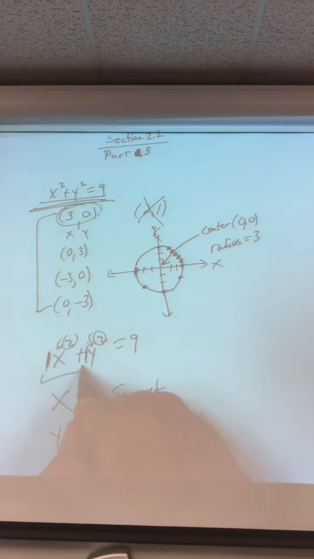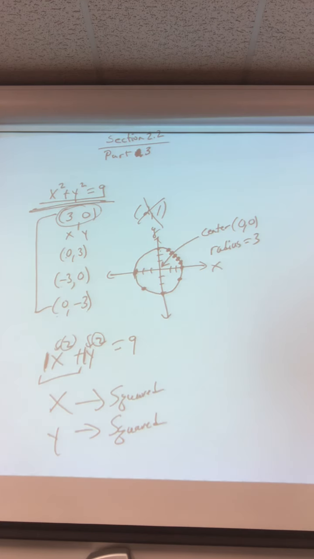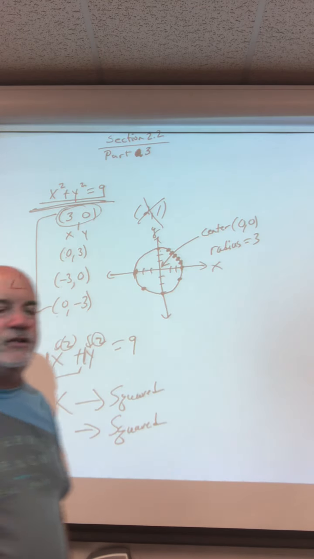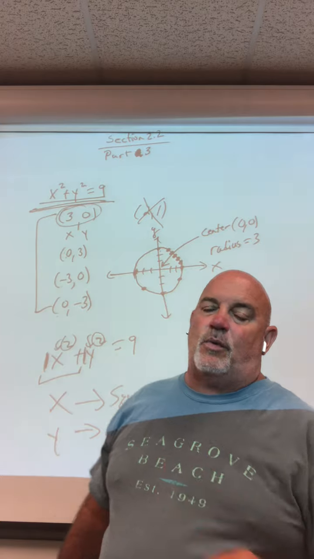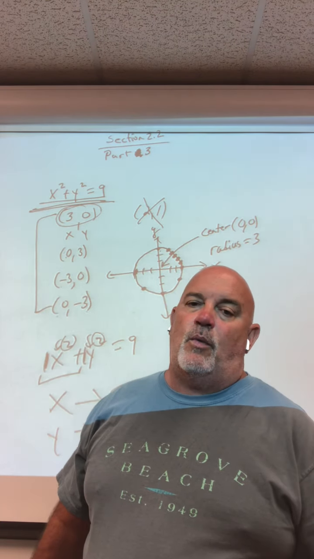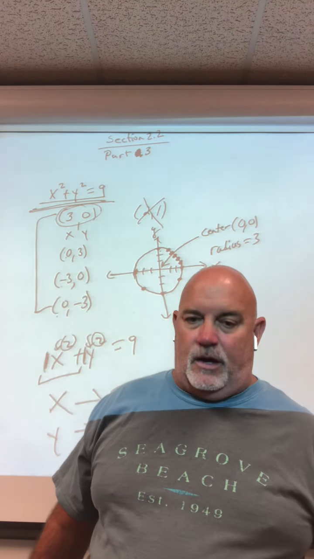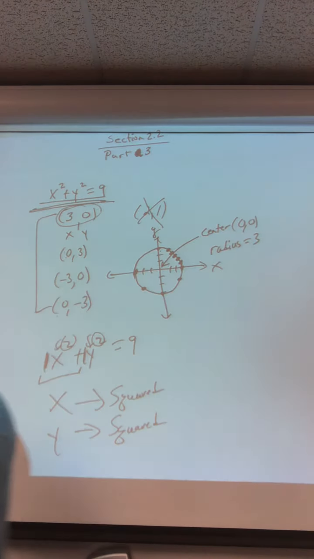What's in front of the x squared and y squared is the same number. It turns out, I'm going to give this to you in a note in just a minute, that that is the distinguishing feature about every circle. You're going to have an x squared term and you're going to have a y squared term in every one of them.